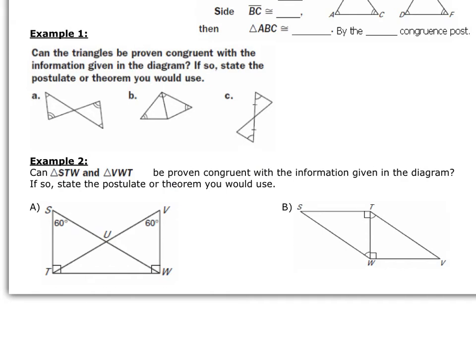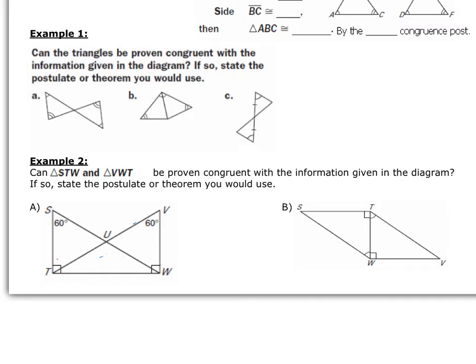All right, in example 2, can triangle STW, this one, be congruent to VWT, this one? Let's see. Right away, I see a right triangle. With right triangles, what we always want to try first, and it's not necessarily always, is hypotenuse leg.